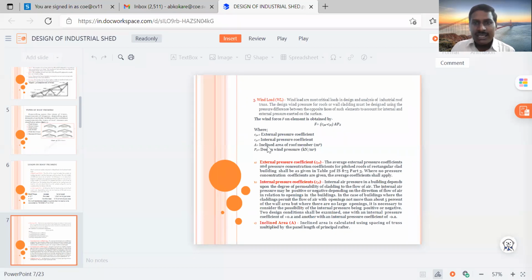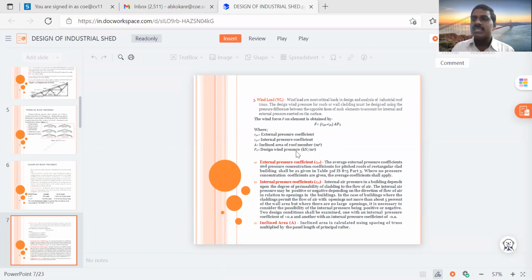Then capital A is nothing but the inclined area of the roof truss. It means we have seen the roof truss: at the top the ridge is there, and from the ridge we provide the slope on both sides. So we have to take this inclined area, and then PD is nothing but the design wind pressure.